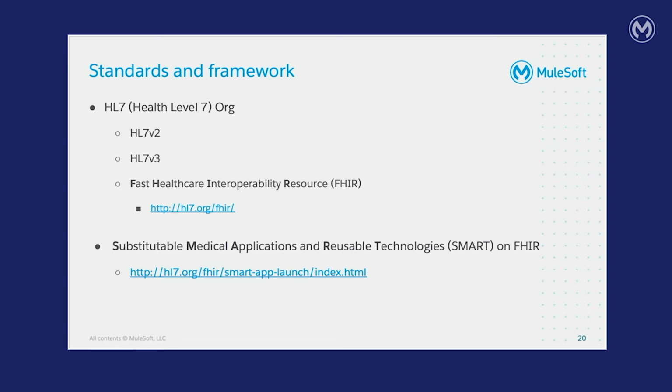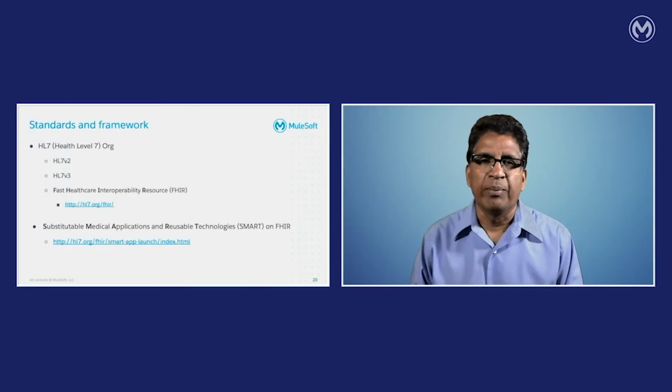HL7 version 2 was widely used across many hospitals. But the problem with HL7 version 2 is that it's all pipe delimited and very difficult for new developers to understand the structure. Unless you work in the healthcare industry for many years, it's difficult to understand what the data means.